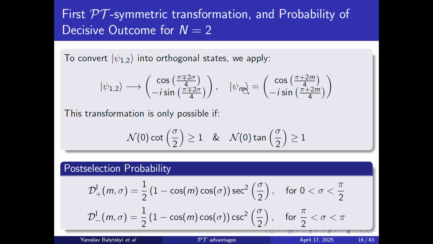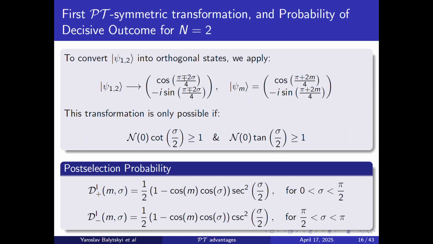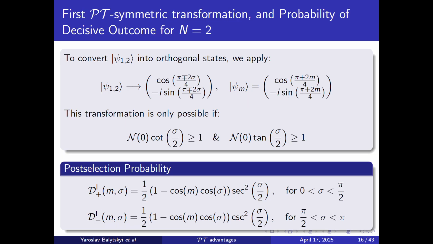And if you consider the state in the middle to be along the same meridian, basically along the same phase, then this is actually a partial case of n equals 2 unambiguous quantum state discrimination. The post-selection probability is different depending on whether sigma is greater than 0 or less than 0, because it depends on what is larger, tangent or cotangent of sigma over 2.